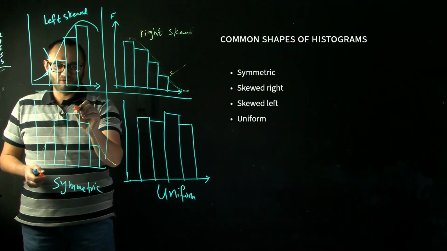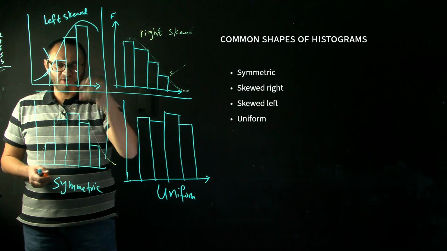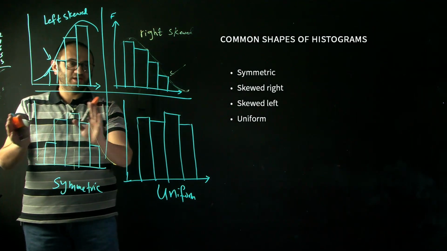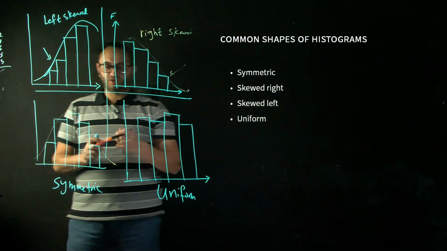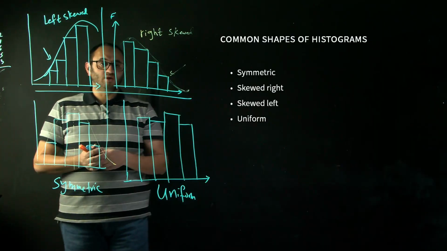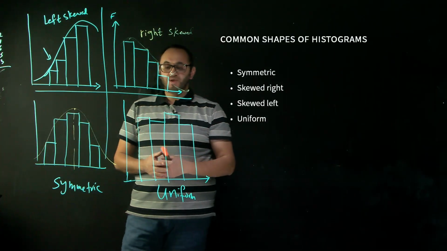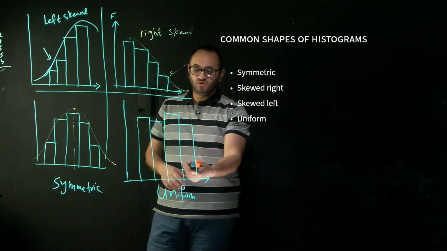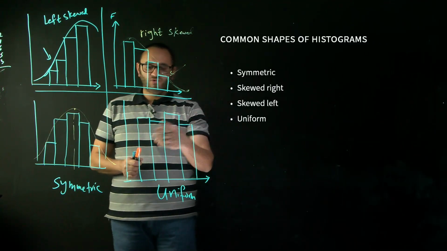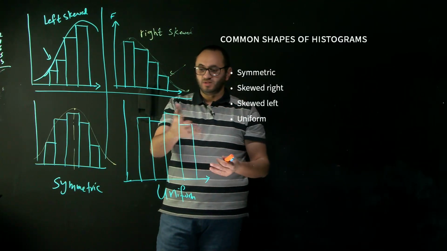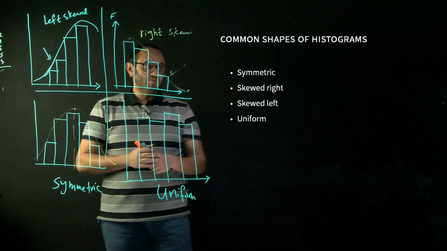For example, this is the peak. As you see here, the right-hand side is similar to the left-hand side. So we can say this is a symmetric histogram. All right, so again, we may have a right-skewed histogram, a left-skewed histogram, a uniform histogram when all of the bars have approximately the same height, or a symmetric histogram.